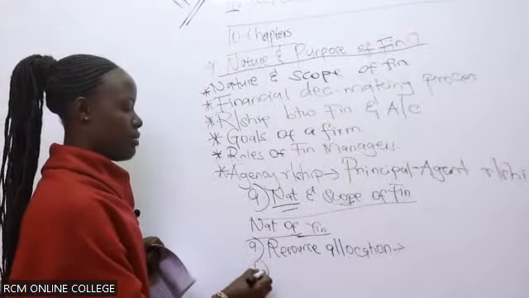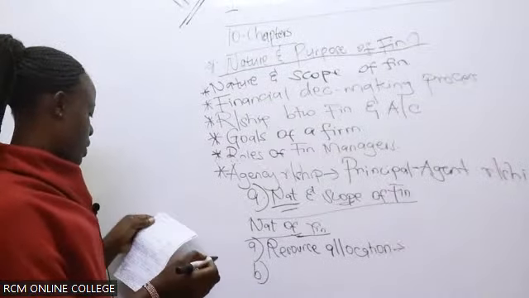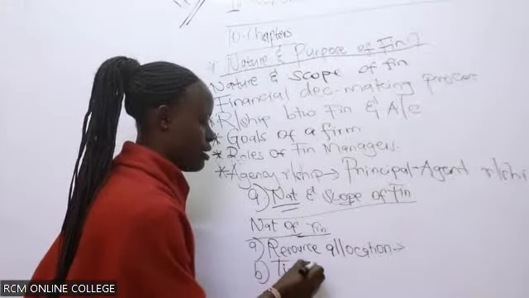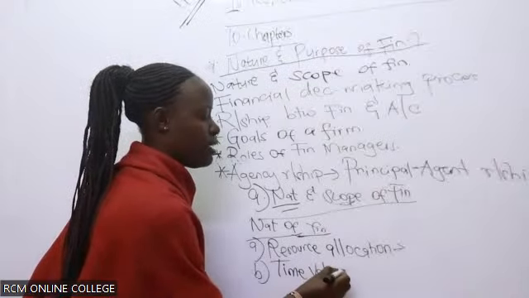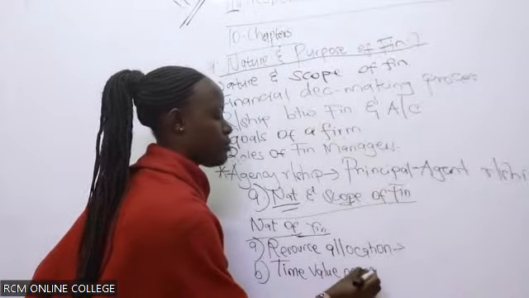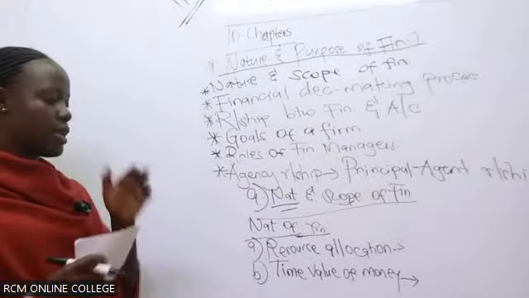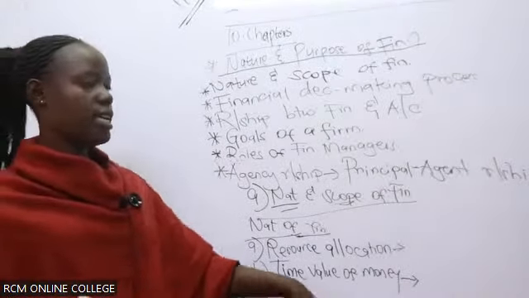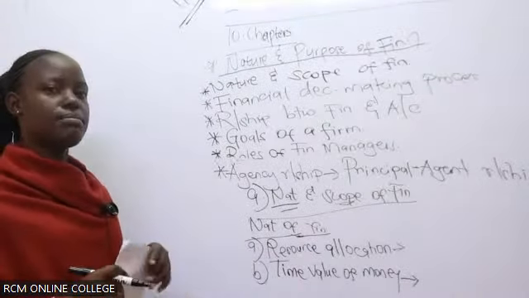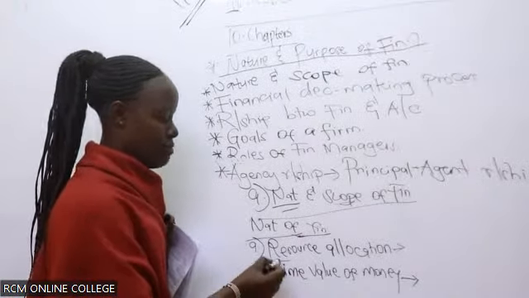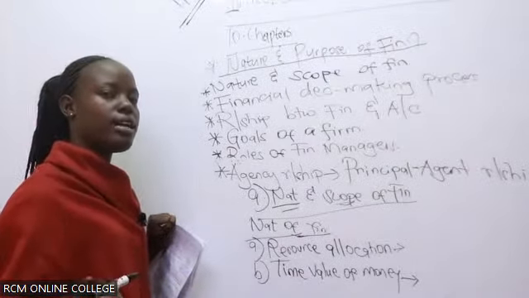The second nature of finance, we can look at time value of money. What you can understand by time value of money is that finance managers understand that money loses value as time goes by.